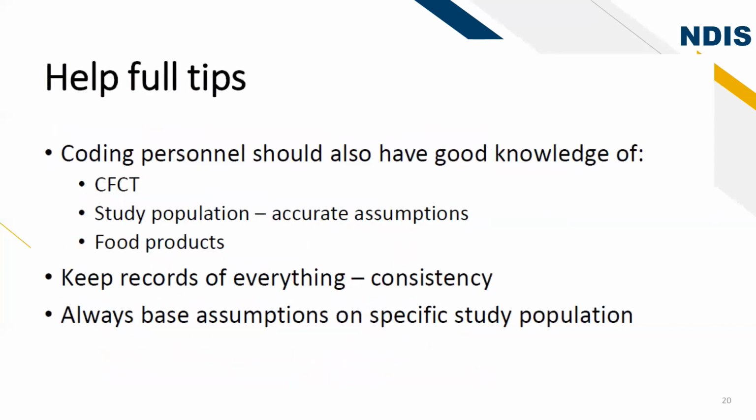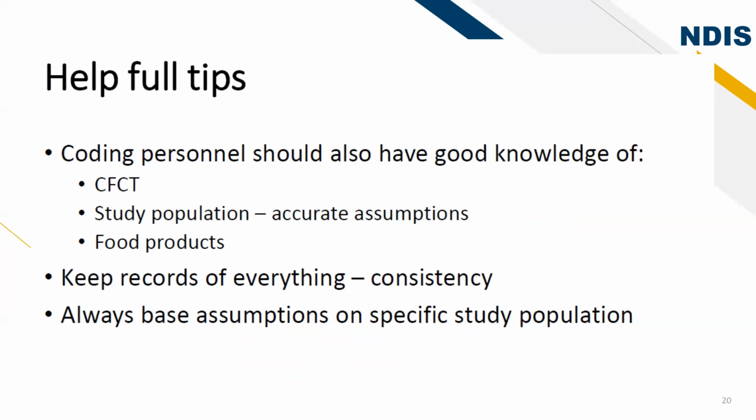And there's some more tips. So the coders, you should again know all of these: your food products, study population, food composition tables, and then keep records of everything, so that there's consistency across everyone that is doing the coding. You should base your assumption on a specific study population.